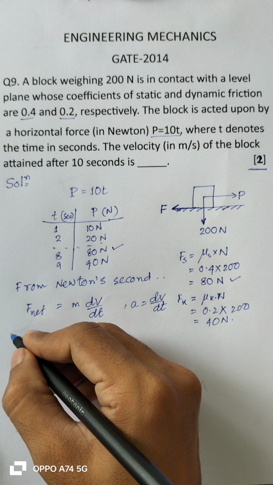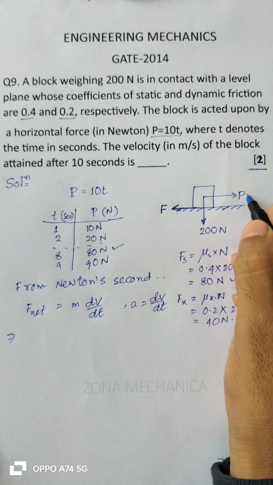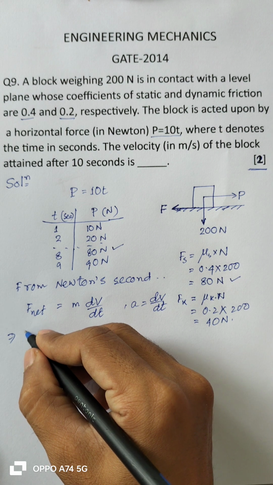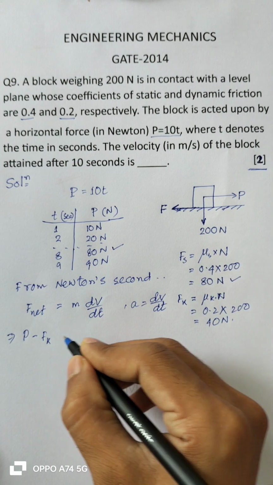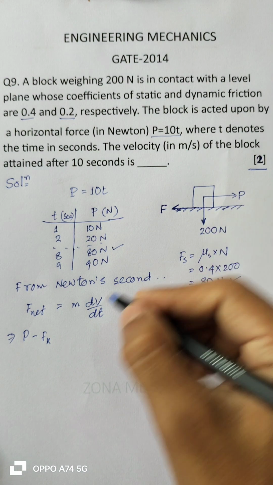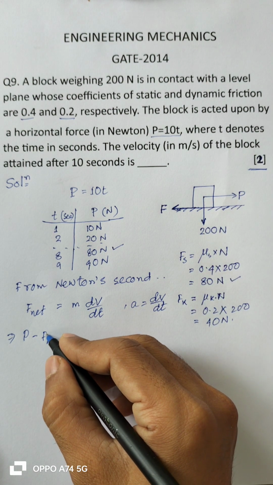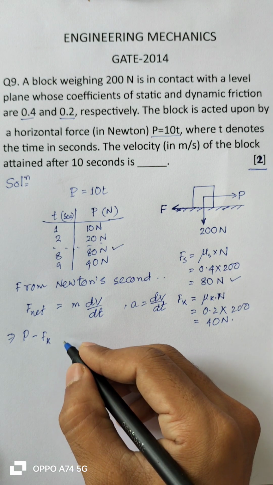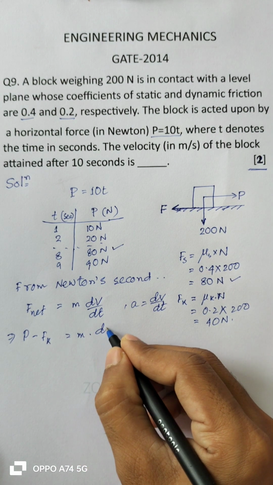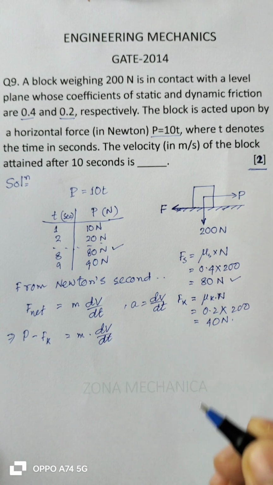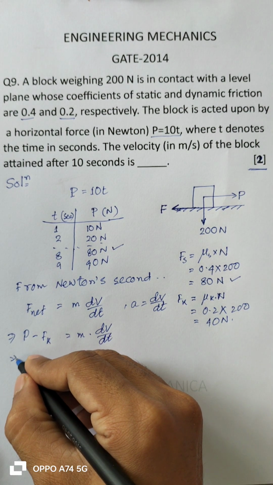So how much is the net force? P minus Fk. Once it starts moving, the frictional resistance will be kinetic friction. So P minus Fk is m into dv/dt.